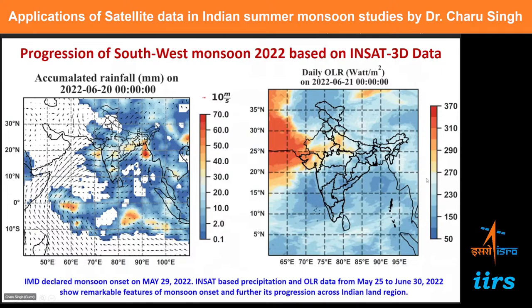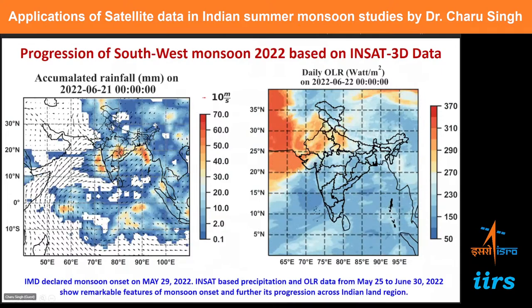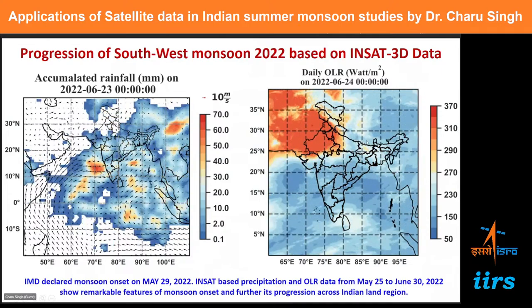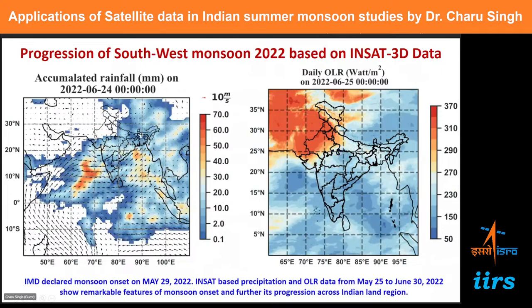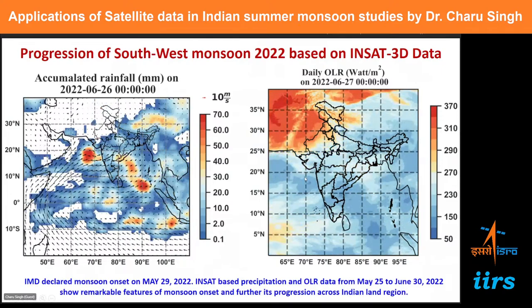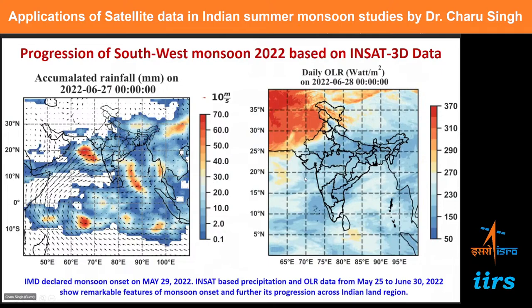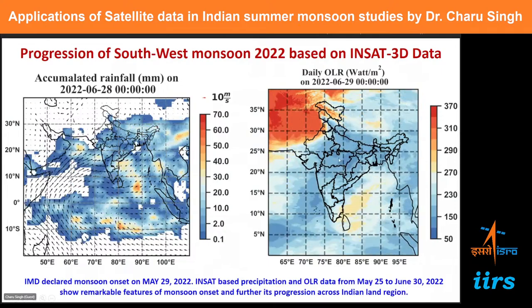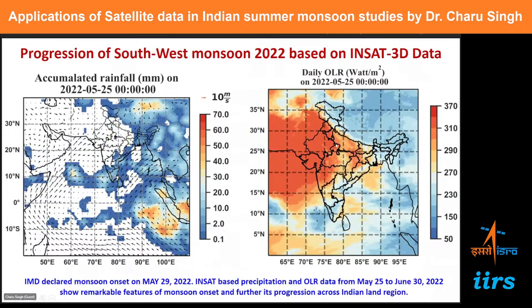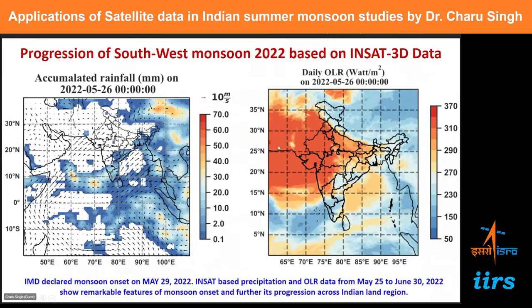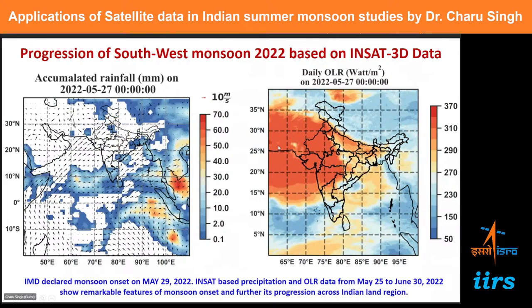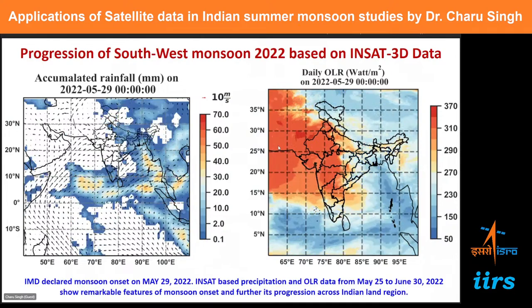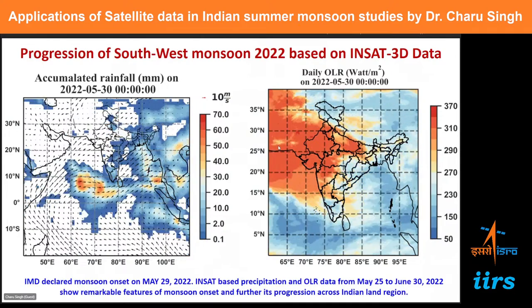So wherever the low OLR values are noted, those are the regions of high clouds or more cloud cover, because clouds actually reduce the outgoing longwave radiation to be recorded by the satellite sensor. So whenever clouds are present, the longwave radiation recorded by the satellite sensor is lower than the values whenever no clouds are present.